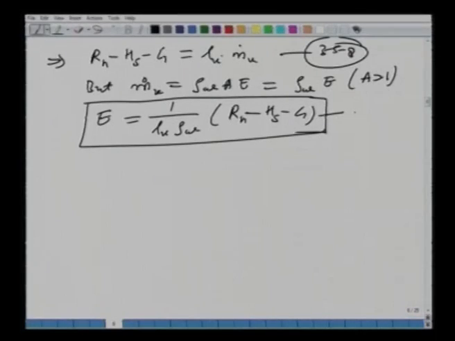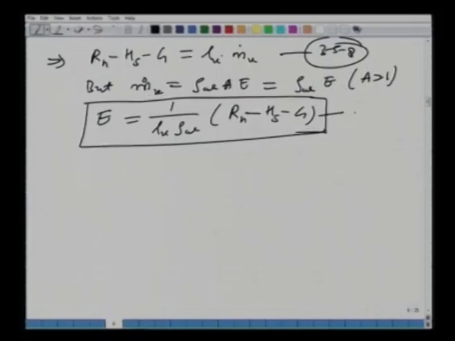This is nothing but the energy equation you may have studied in your undergraduate classes. So, this is the energy equation we have derived from the Reynolds transport theorem, in which we have taken the movement of the fluid, we have written the continuity equation for the liquid phase and for the gaseous phase, then we have written the energy equation and we have combined those two and finally come up with this expression.